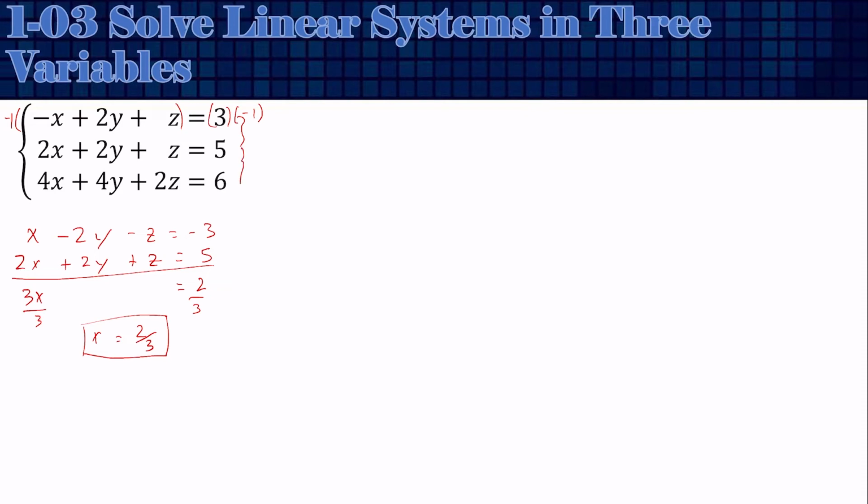Let's take these two. And let's eliminate the same thing. So let's multiply, I don't know, the second equation by a negative 2. If I do that, I'll have negative 4x minus 4y minus 2z and negative 10. And the bottom equation, just leaving the same.